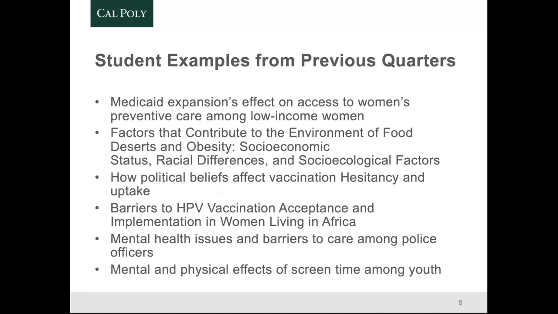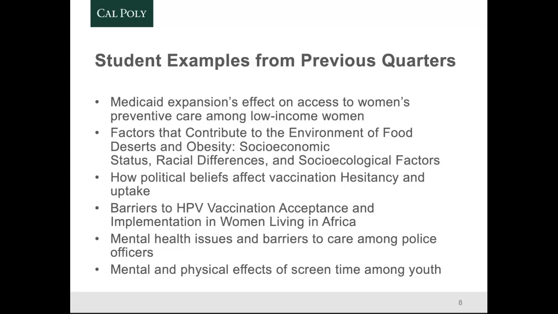So here are some examples from previous quarters. I had one student that looked at Medicaid expansion's effect on access to women's preventive care, specifically among low-income women. I had another student that looked at factors that contribute to the environment of food deserts and obesity, specifically looking at socioeconomic status, race, and also socio-ecological factors.